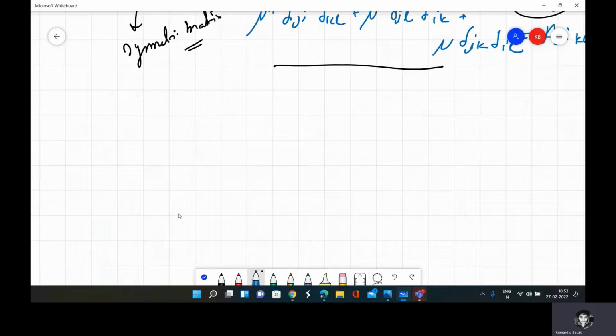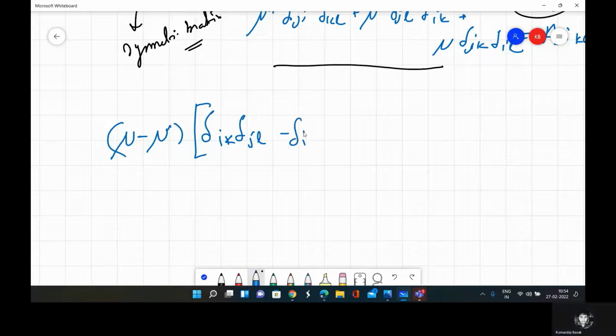After subtracting, as you understand, we get mu minus mu dash, because the mu double prime terms cancel out, times delta ik delta jl minus delta il delta jk equal to 0.